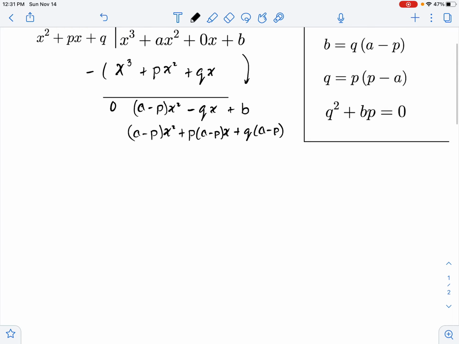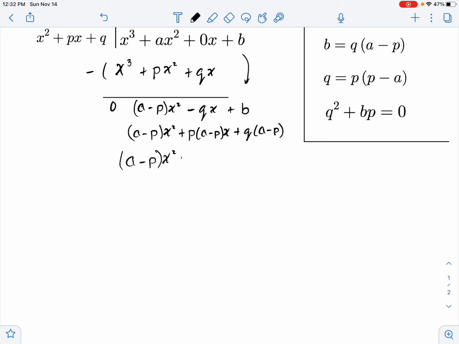I could probably gather up a little bit in this line here. I could distribute if I like. At the very least, I think I will distribute this one right here. So that will give me a minus p x squared, which is going to stay the same. I'm not subtracting it, just tidying it up a little bit.